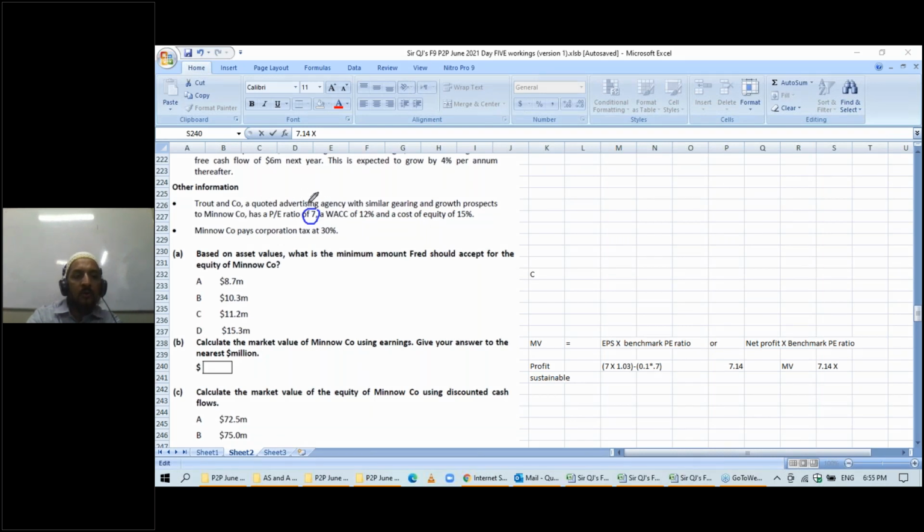Proud company, a quoted advertising agency with similar gearing and growth prospects. So similar companies' price earning ratio in the market is 7. So either you'll be taking the price earning ratio of the similar company or an average company or industry average.